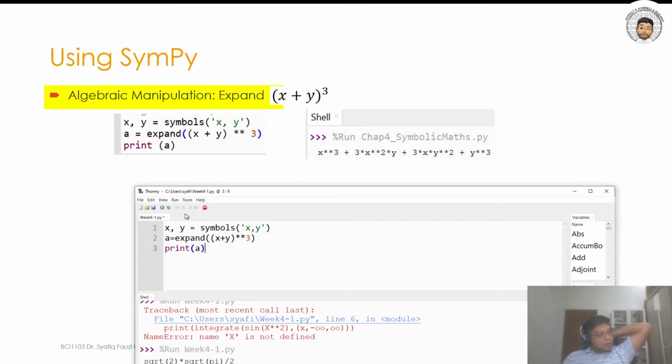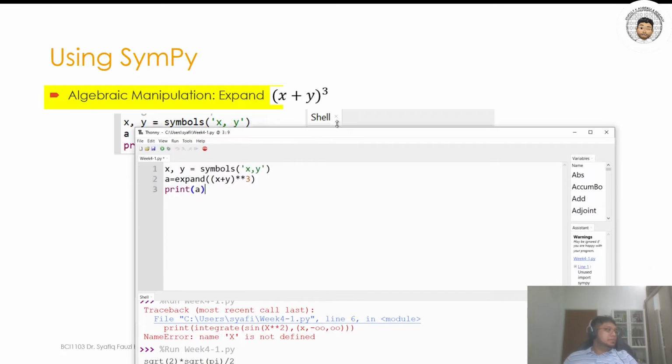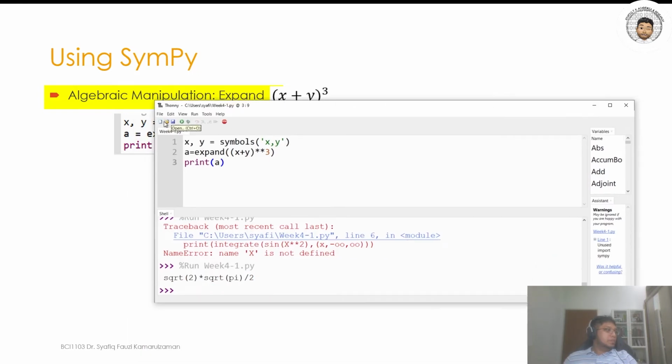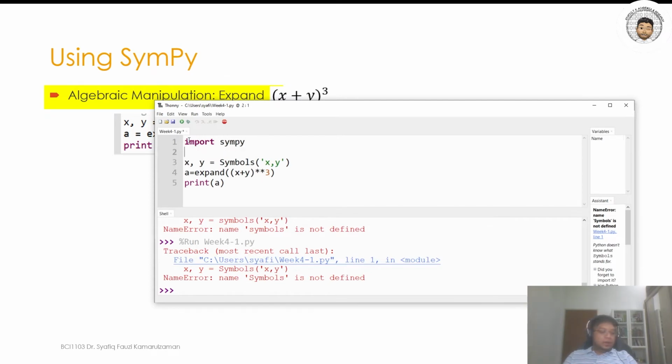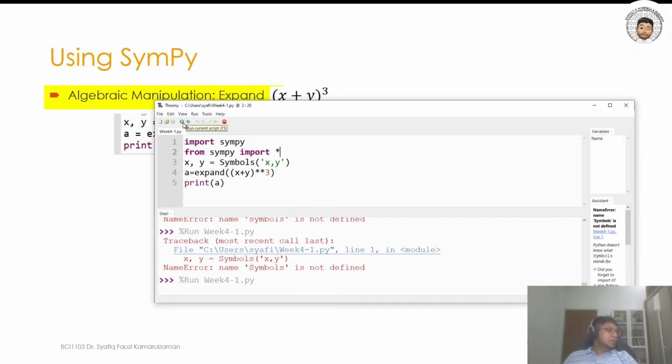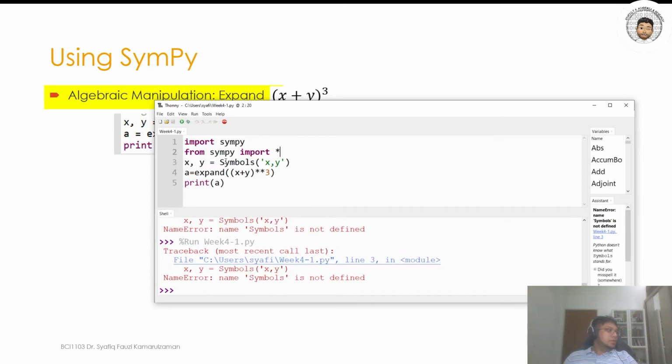So in this case, what you get is, oh, forgot. This is one way. Forgot import SymPy, and from SymPy, import all. Oops, supposed to be symbols.